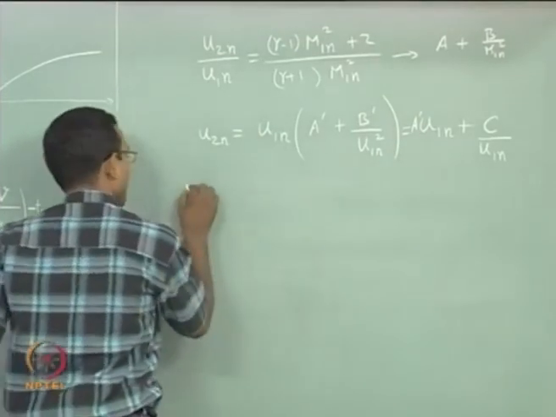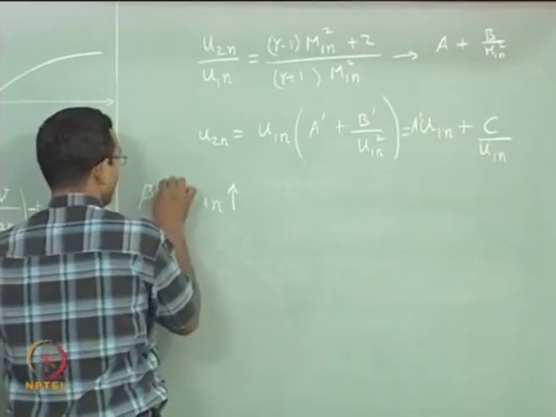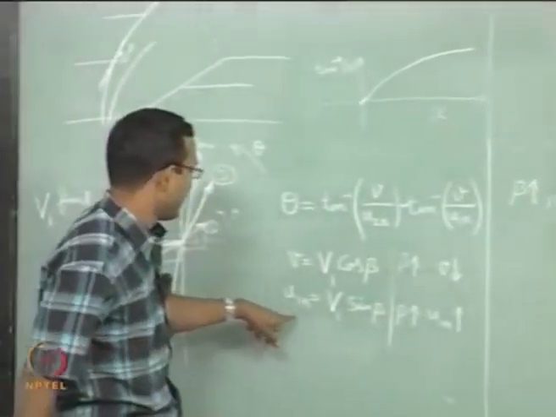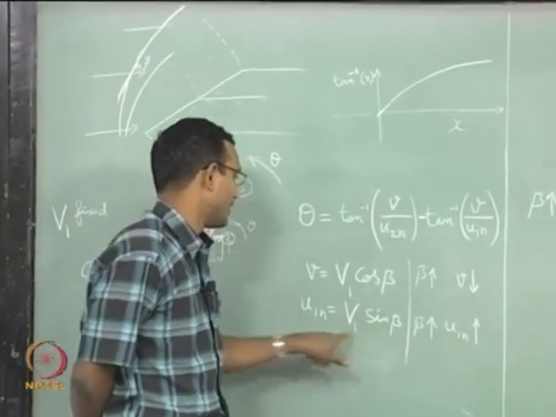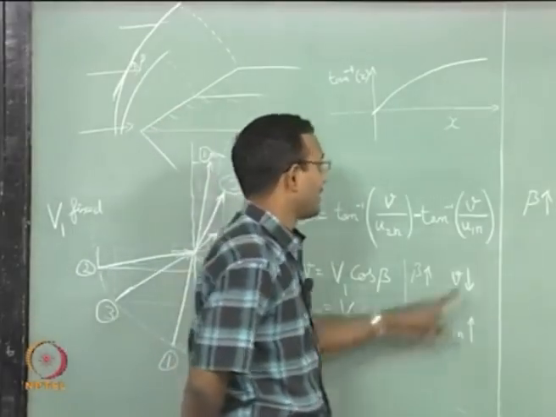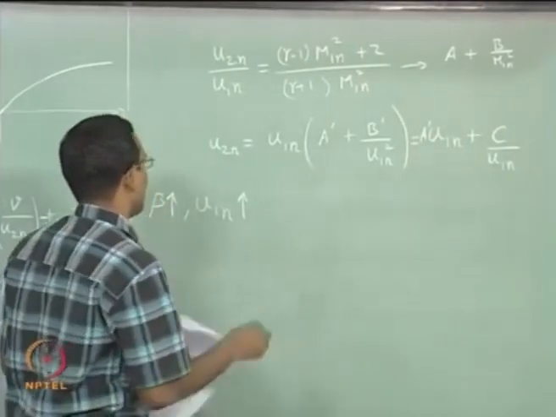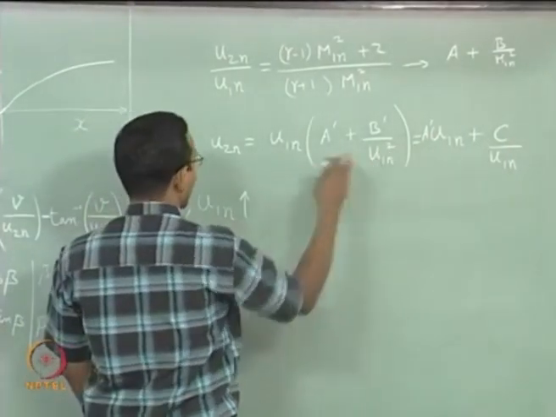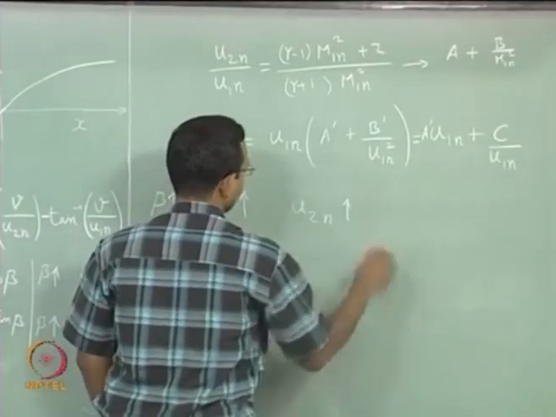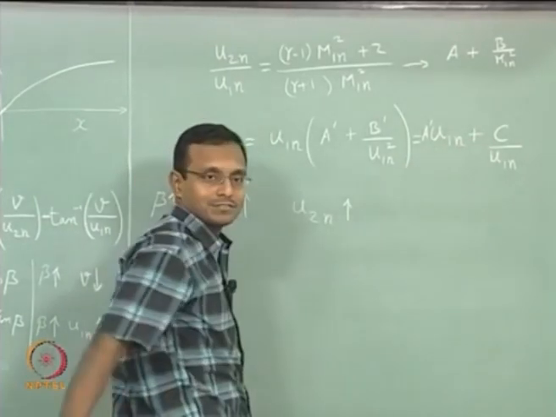Now, if I say my u1 normal increases, why am I saying u1 normal increases? Beta increases. We go back to the previous board where we said that if beta increases, u1 normal increases. I am going to use this. Beta increases, u1 normal increases, and when u1 normal increases, I can probably say that u2 normal increases if this term is dominant.